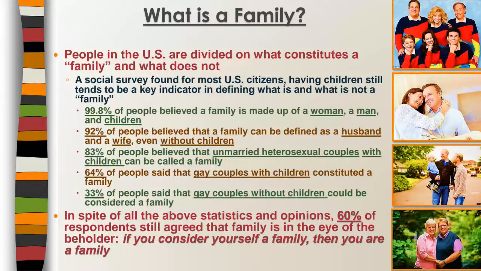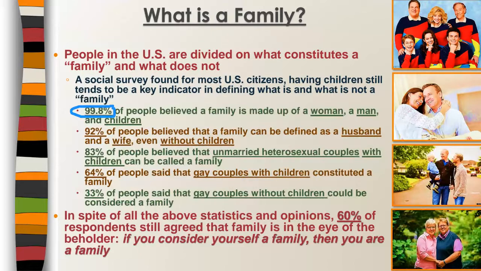Now in the U.S., even still today, when you survey U.S. citizens, we're kind of divided on what is a family and what's not. Most people, 99.8%, say that a heterosexual couple with children is a family.